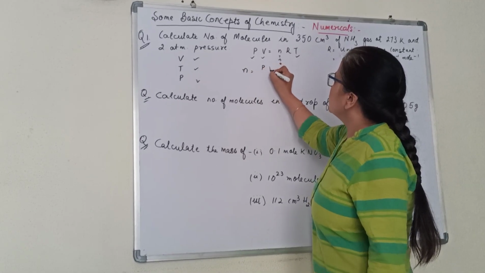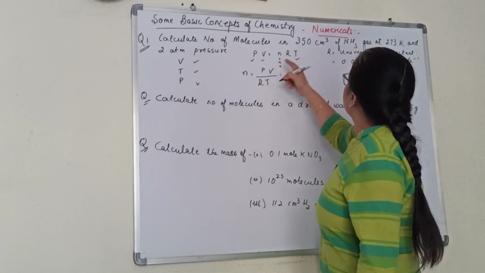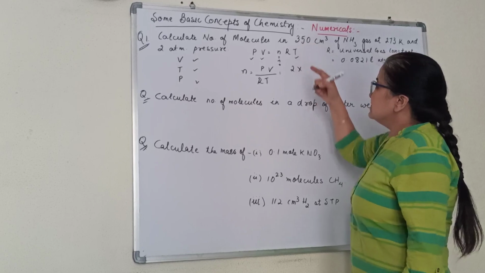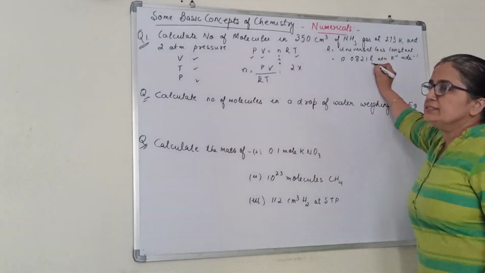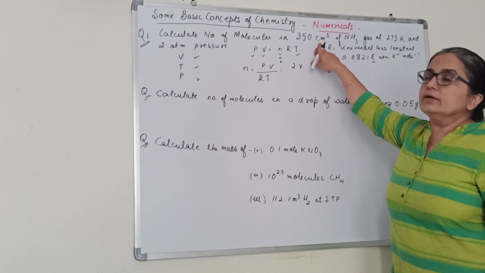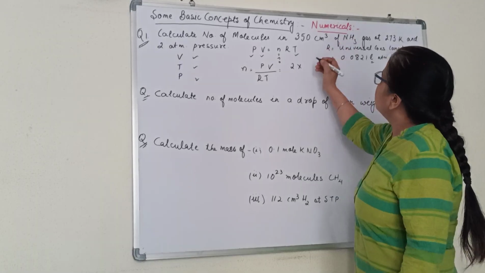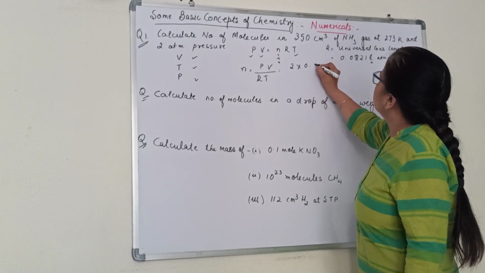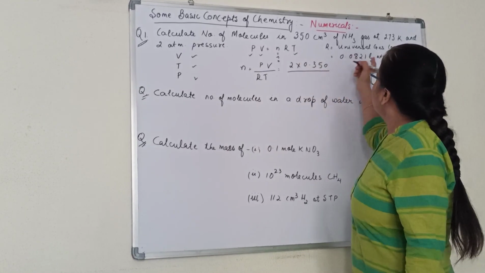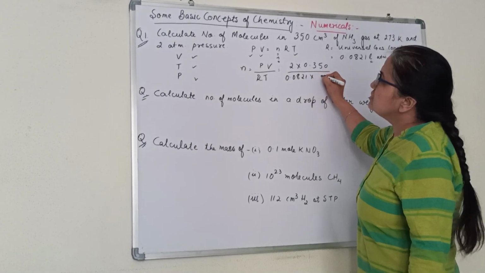Number of moles is equal to PV by RT. We will put the value for the pressure in atmospheres. Volume is given in centimeter cube, but we are using liter, so we have to convert it. We know 1 liter is 1000 centimeter cube, so we divide by 1000. So we have 0.350 divided by the R value 0.0821 into temperature.